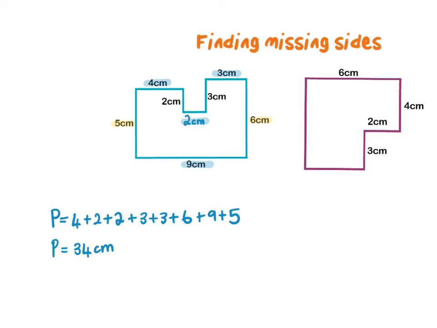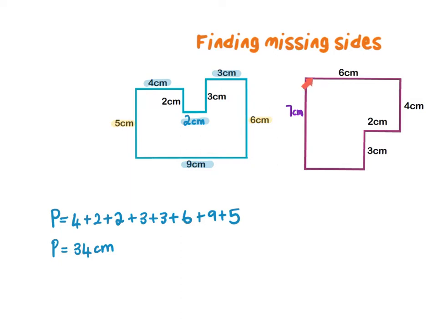Now let's consider the purple shape and see if we can get to a similar answer here. So on this side we have 4 centimeters and 3 centimeters, which means that this whole length over here should be exactly the same, and since 4 and 3 gives me 7, this should be 7 centimeters in length.